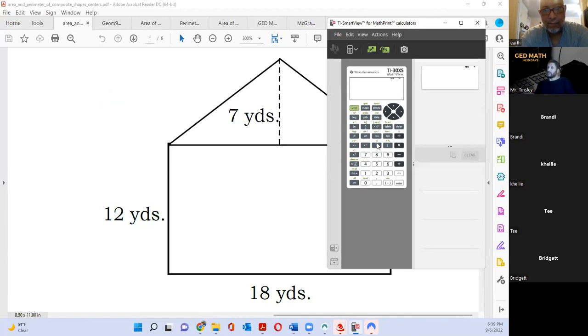In parentheses, 12 times 18, plus, in parentheses, 1/2 times base times height. So 18 times 7, right?